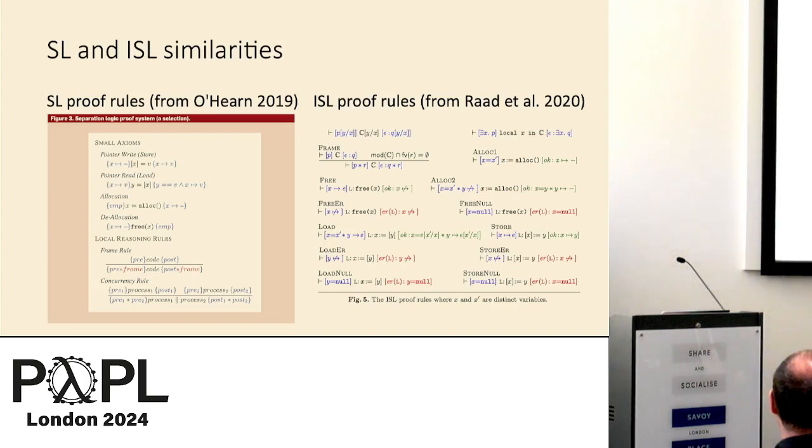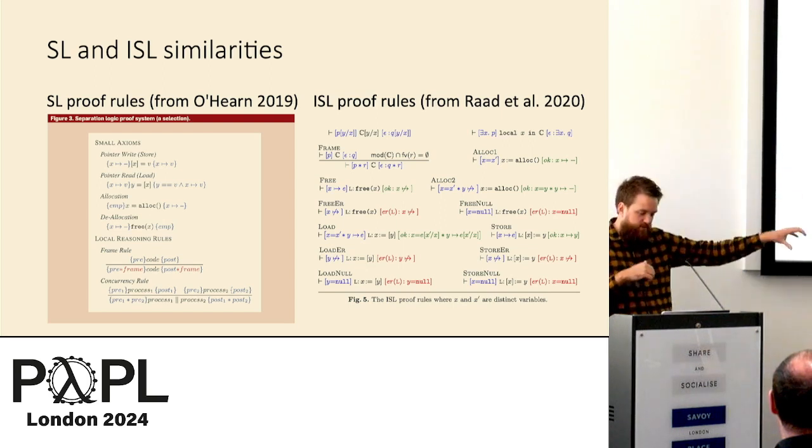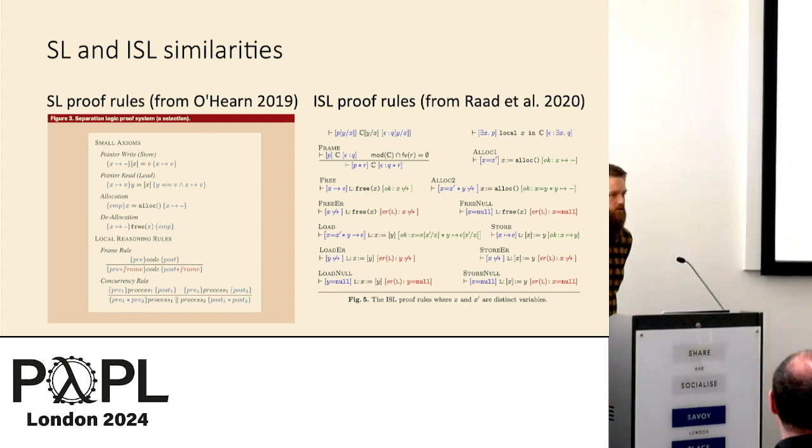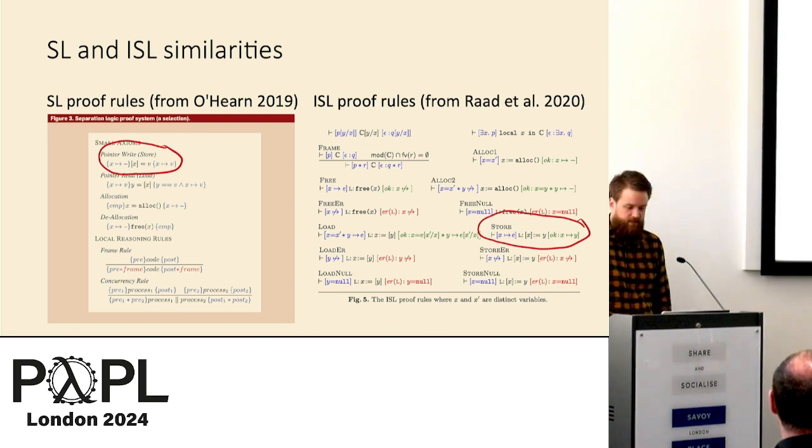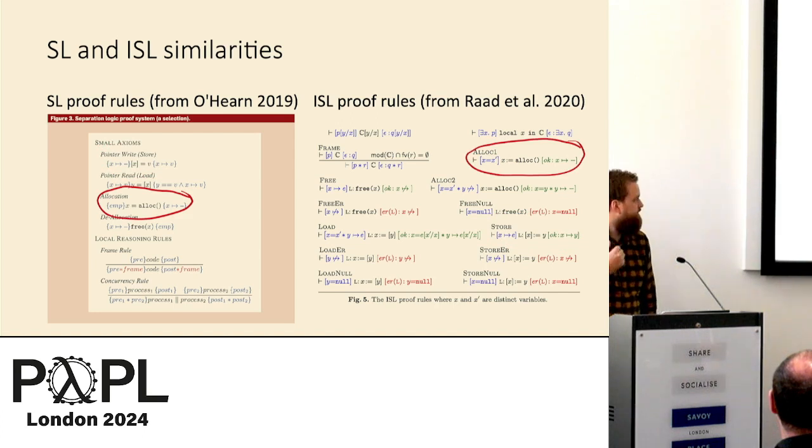So maybe I've also noticed the following. If you put separation logic and incorrectness separation logic next to each other, they look pretty similar. So for example, the heap mutation rule looks pretty similar to me. Well, allocation, see some similarities there.